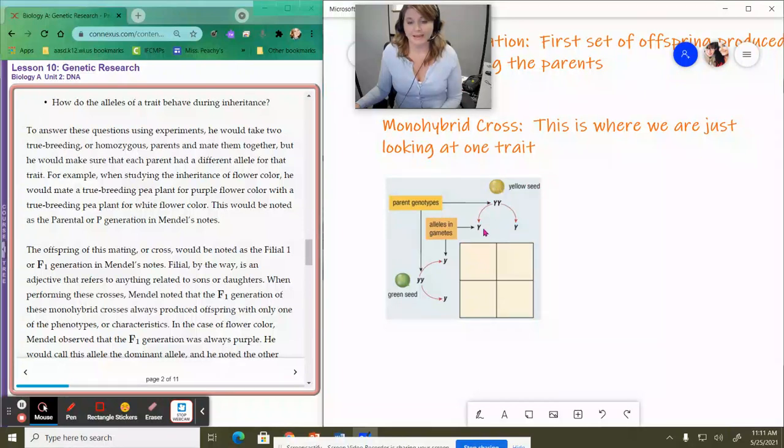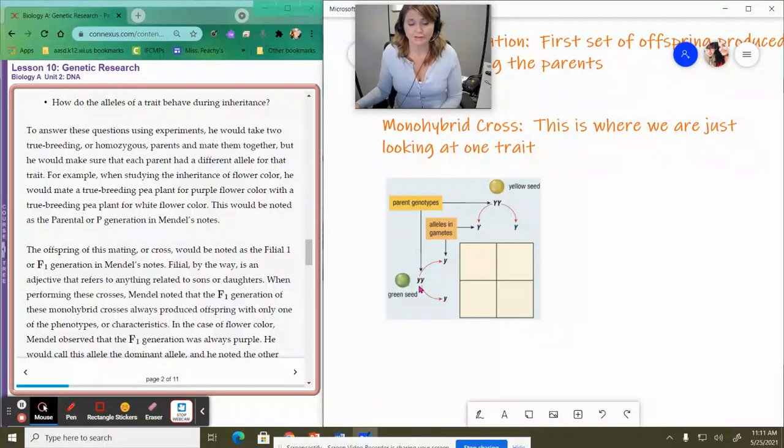So that parent has two alleles, each one is a capital Y. Then we have our second parent, which is a green seeded parent. And again, this parent is homozygous for that green color. We represent the recessive allele as a lowercase y.